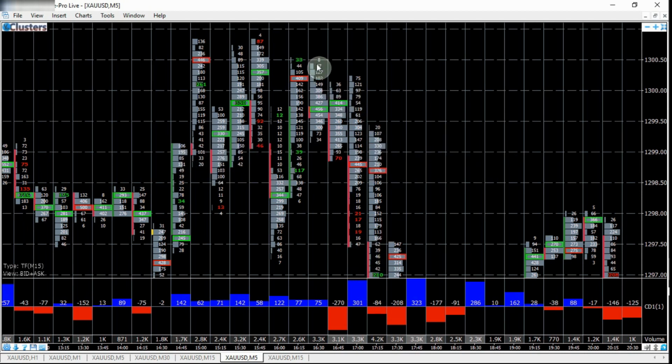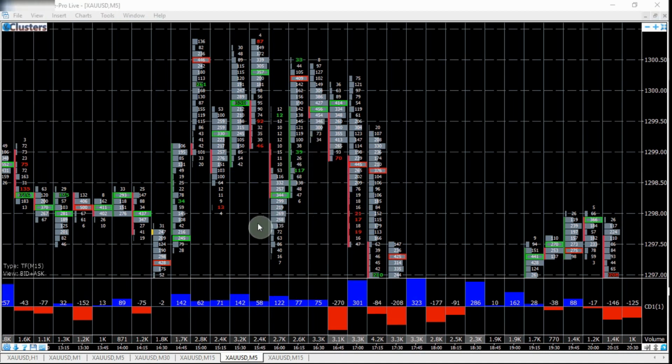If you look here, this was what they call a D-shaped profile or a balanced profile. But what's important is seeing how the volumes distribute. We're watching how the market as a whole is interacting at price, and I'll show you in a minute why that's important alongside this delta.